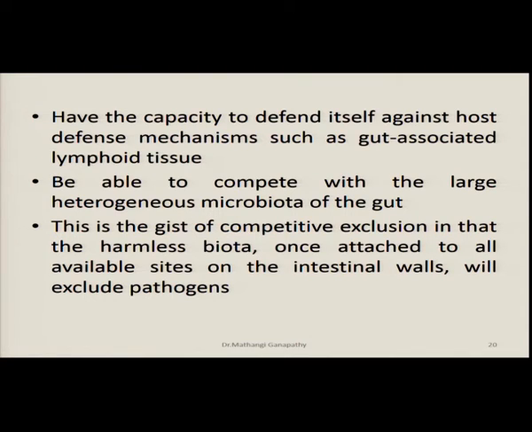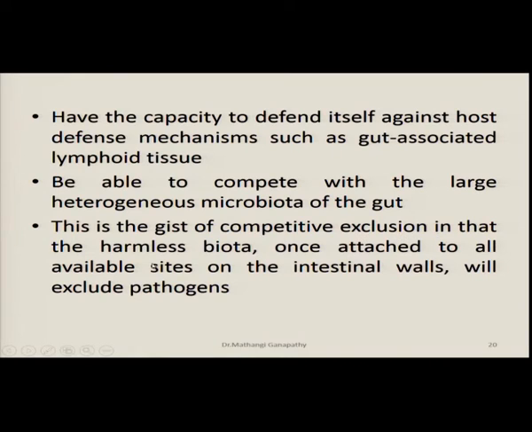So, any pathogenic organism which you consume and goes to the stomach and the intestine would be competing for the carbon source, for the energy source, for the ATP source with those intestinal dwellers.